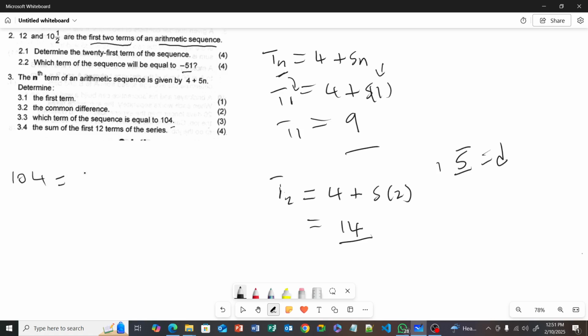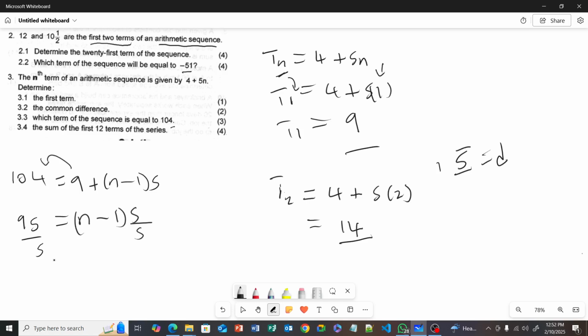So it will equal the first term, which is 9, then plus n, because you don't know the position of 104, minus 1, and the common difference. So first thing first, I'm going to bring that into the other side. Then we'll have 95, which equals n minus 1 into 5.